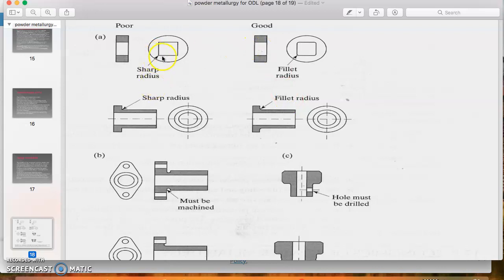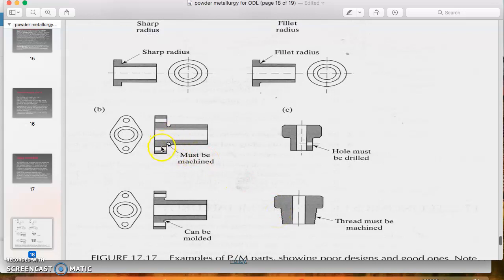Here also, for a sharp radius, we use a fillet. The hole we make in the secondary operation, where we machine the hole. Also, the thread we can make in the secondary operation.